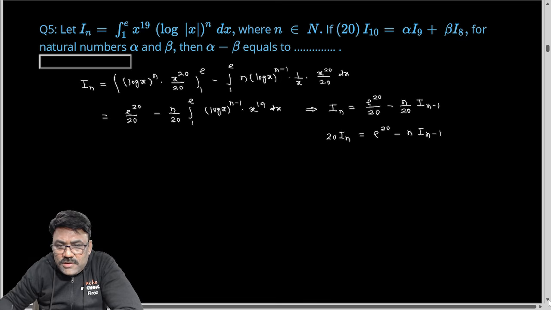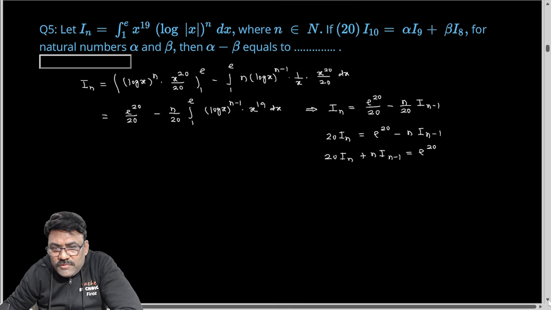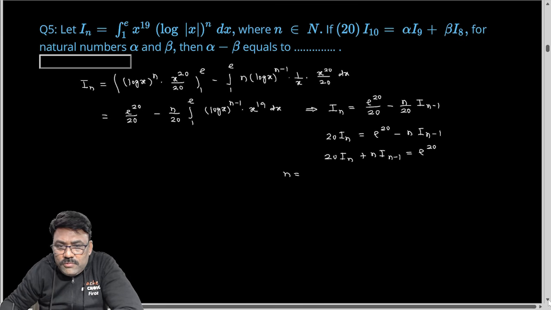And now you can see that 20 I_n plus n times I_(n minus 1) is e raised to 20. So this value is not depending upon n. Whatever the value of n, this left hand side is always e raised to 20. So now if I put n equal to 10 first, I will get 20 I10 plus 10 I9. It is e raised to 20.